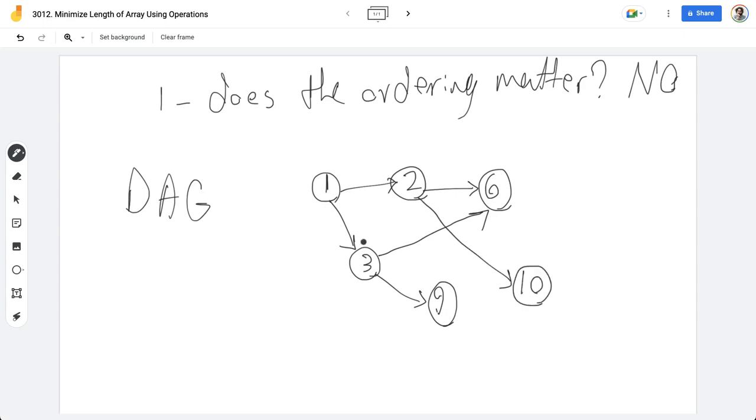So this is a DAG, and I worked on this DAG for a few minutes, but I couldn't come up with an answer. I was looking to find a path and do something with that path, but that was not good. And then I tried to think backward.